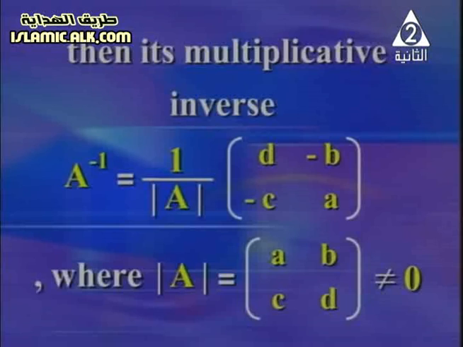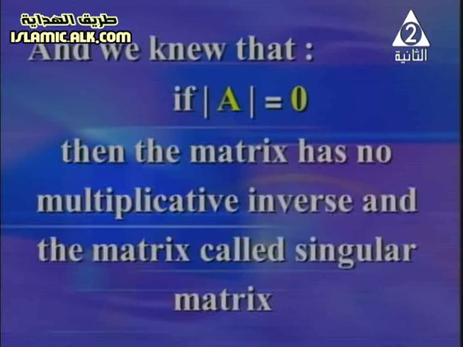This is the condition when we find the inverse of a matrix. At first, calculate the determinant of the matrix. If the determinant equals 0, then the matrix has no multiplicative inverse, and the matrix is called a singular matrix.